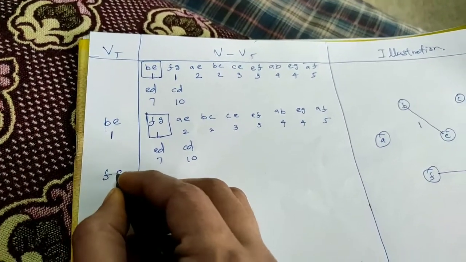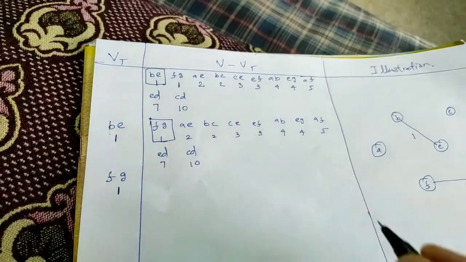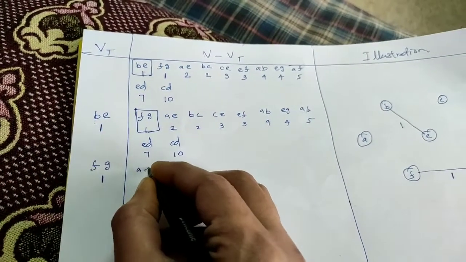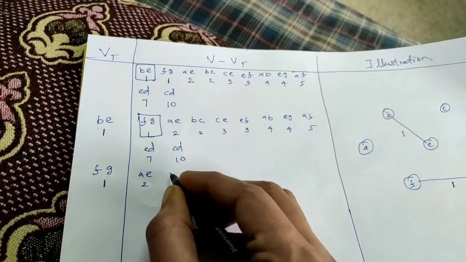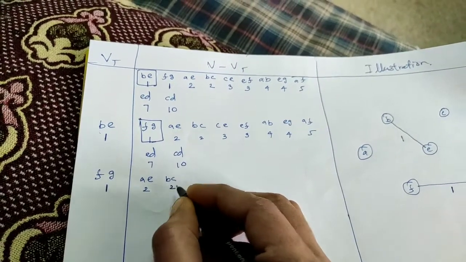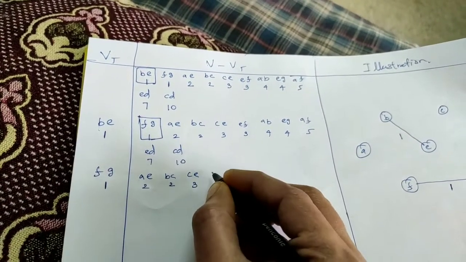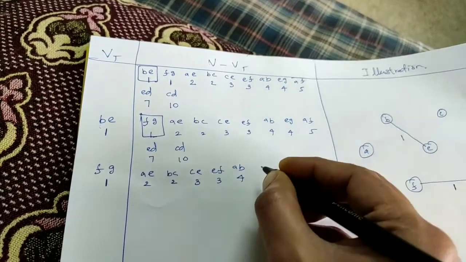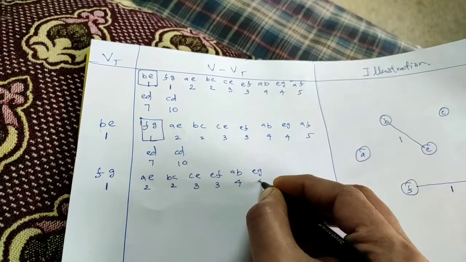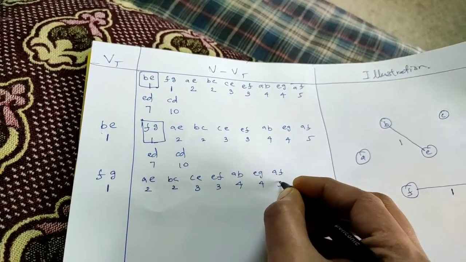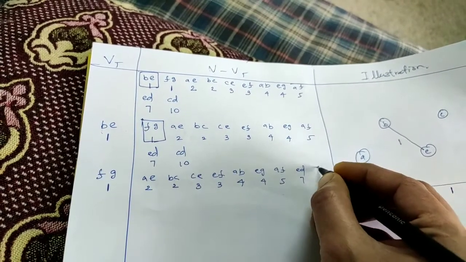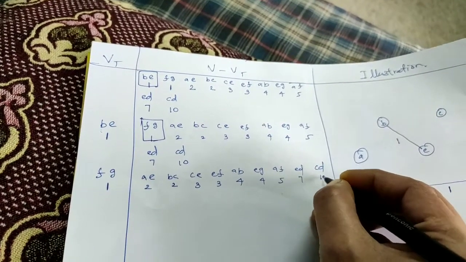So bring that edge to the tree vertex. Now write down the remaining edges: AE with 2, BC with 2, CE with 3, EF with 3, AB with 4, EG with 4, AF with 5, and ED with 7, CD with 10.